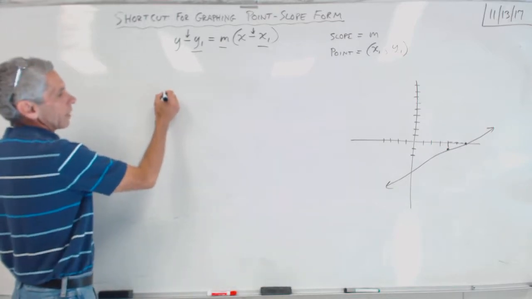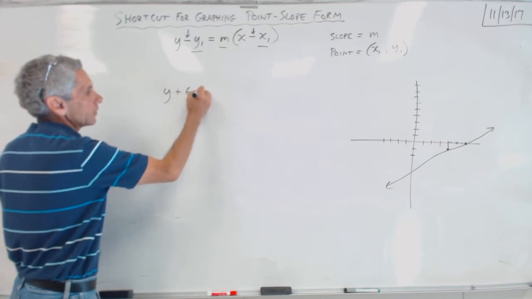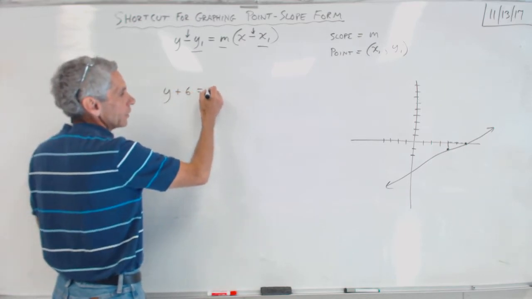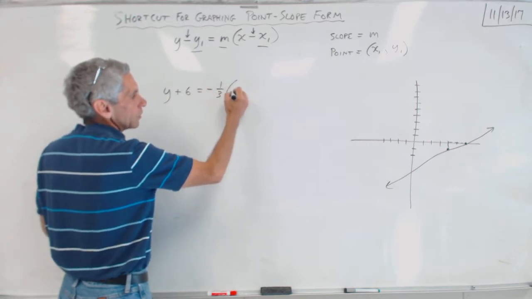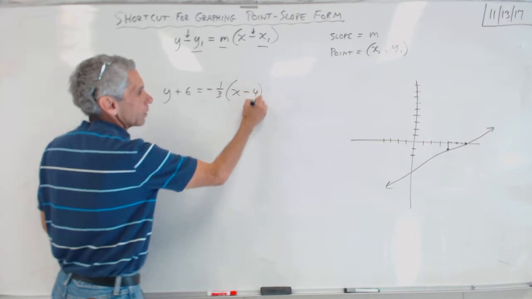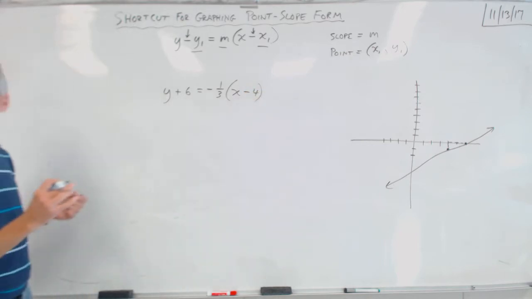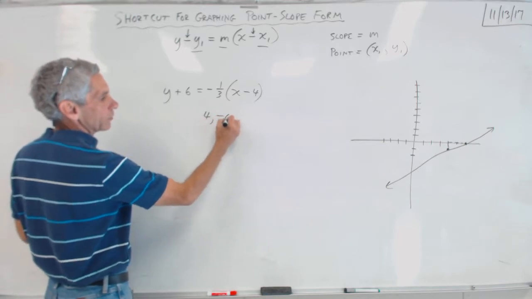All right, let's see. Y plus 6 is equal to -1/3 times x minus 4. Okay, Dan. So it'd be 4, comma, -6.